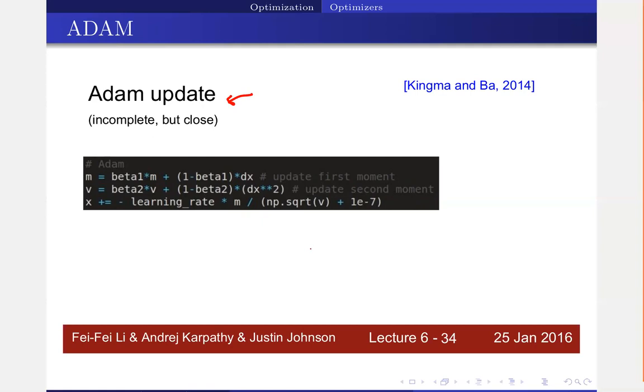Even though it was introduced several years ago, for many people training a neural network, the first thing they try is probably just Adam. Adam merged several ideas that we mentioned earlier. It has RMSProp, where you compute the second moment to normalize your derivative. This v is like the cache we had earlier.